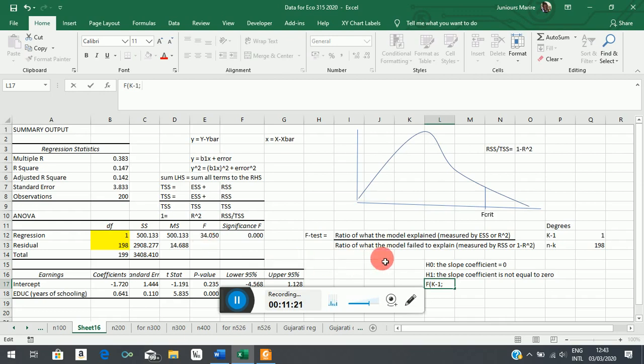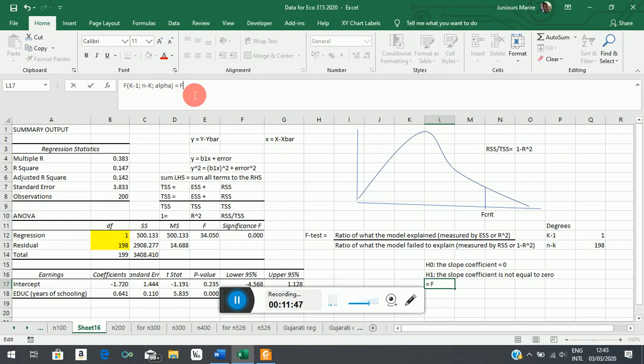And the denominator degrees of freedom, which is what we failed to explain, is n minus k degrees of freedom. And then the level of the test here, let's say we're carrying it at some level alpha percent. And so we have our alpha here, then we close.